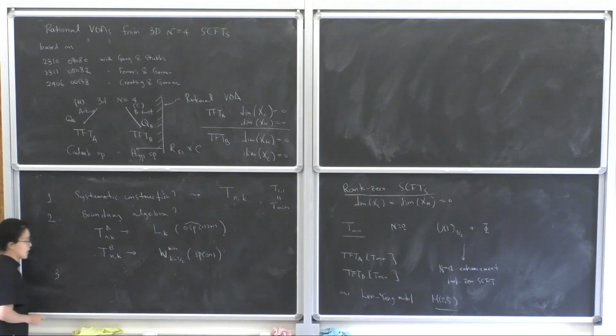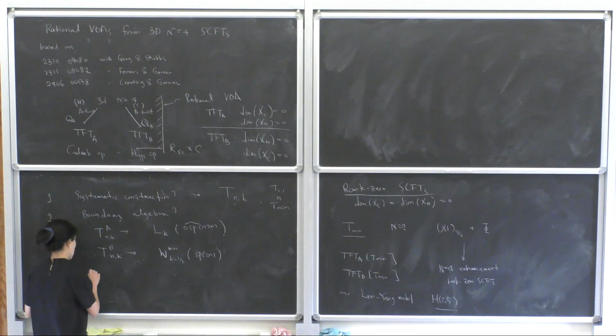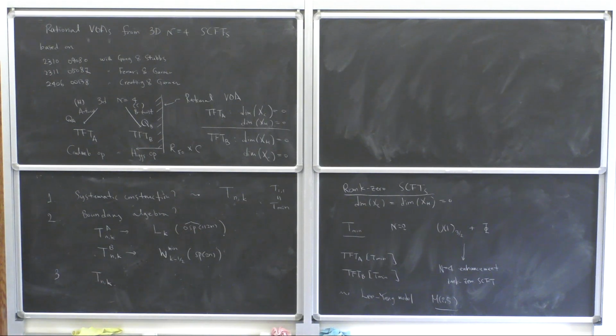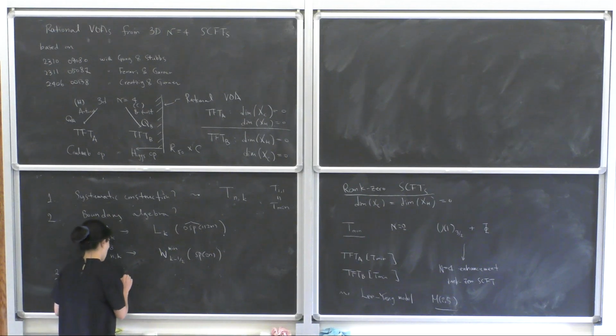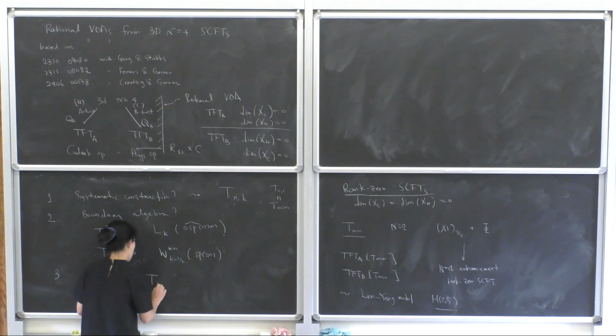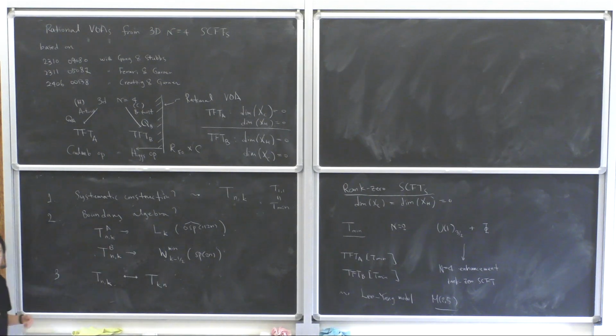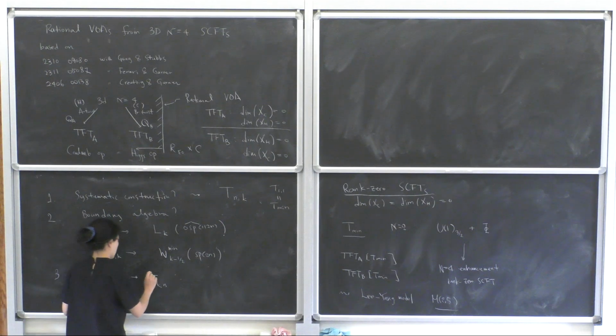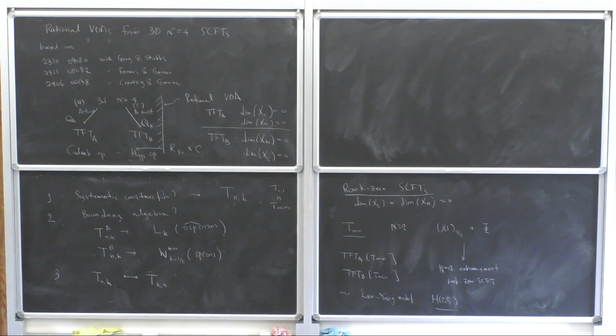We have some very strong evidence that tells us that T_N of K theory is actually mirror to T of K_N, swapping K and N, and taking the orientation reversal. So these are 3D N=4 mirrors.